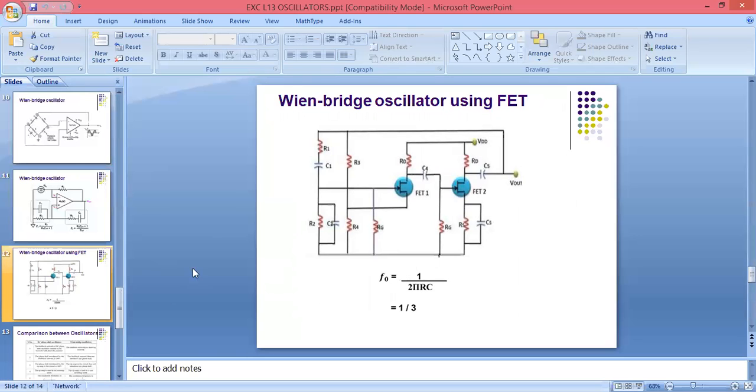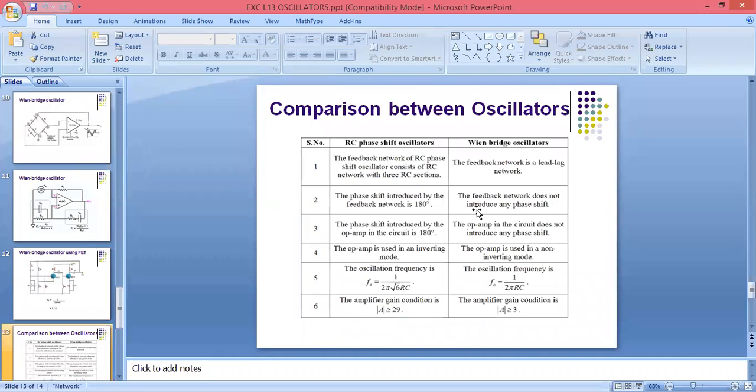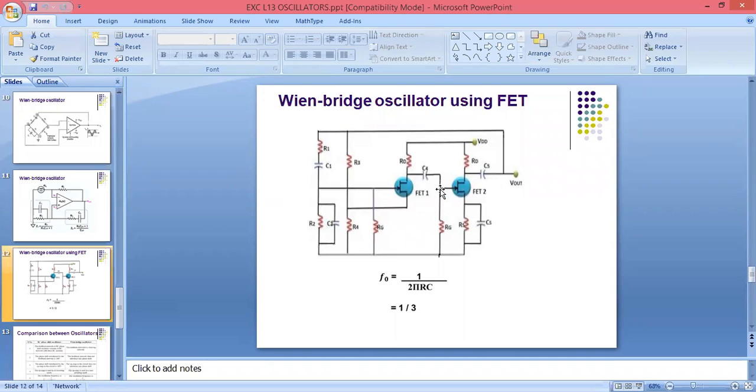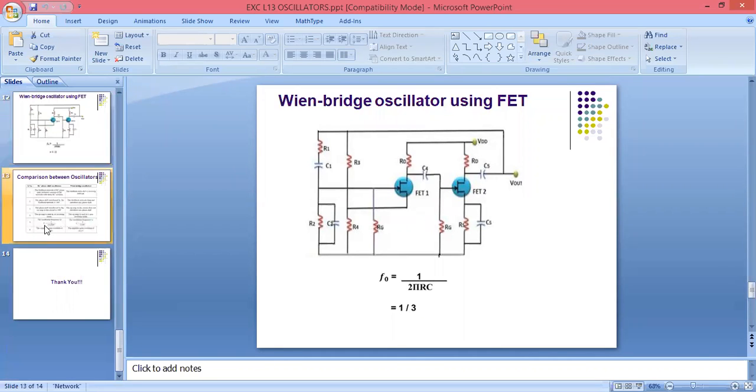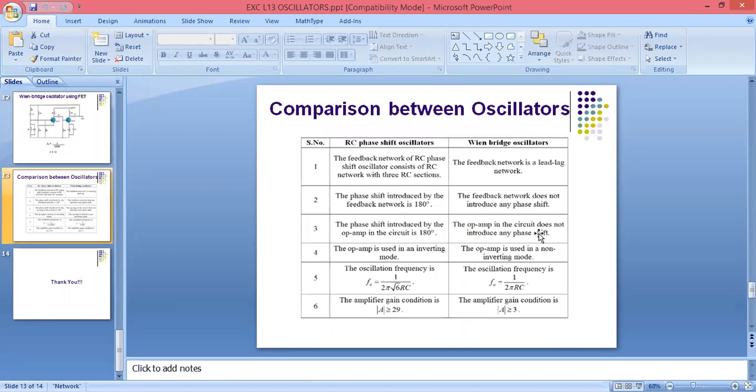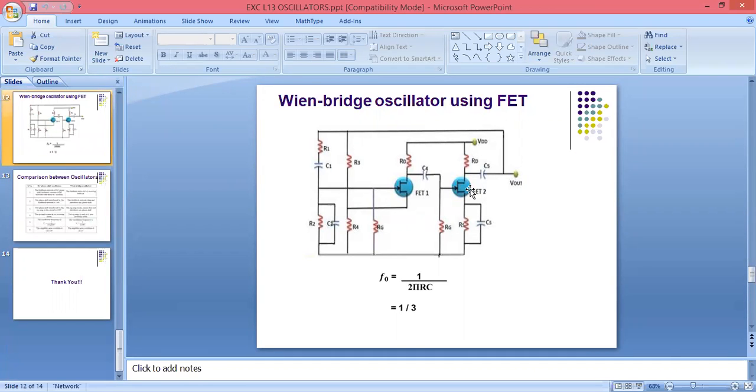It will give us 360 degrees because we are taking a 2-stage amplifier which will give us a 360-degree phase shift, or we can say a 0-degree phase shift. So we can say the op-amp in the circuit does not introduce any phase shift, or it is introducing a 360-degree phase shift. Again, if you see, here we are using the op-amp in inverting mode, and here we are using an op-amp that will be in non-inverting mode.